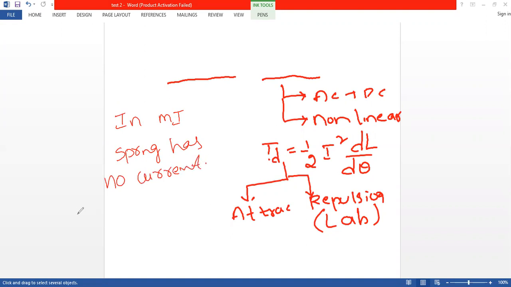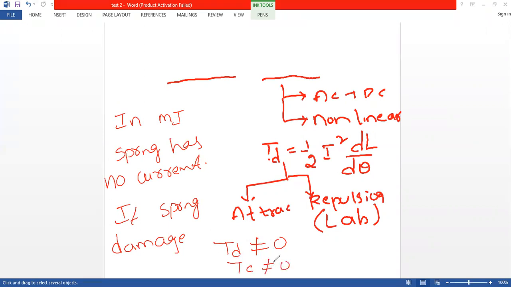So if the spring is damaged, TD is not 0. TC, half of the spring is there, still not 0. So here deflection torque is as before, but controlling torque is reduced to half. So the pointer will go to double the reading.